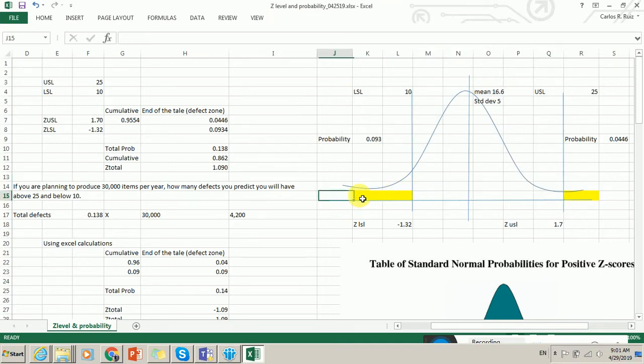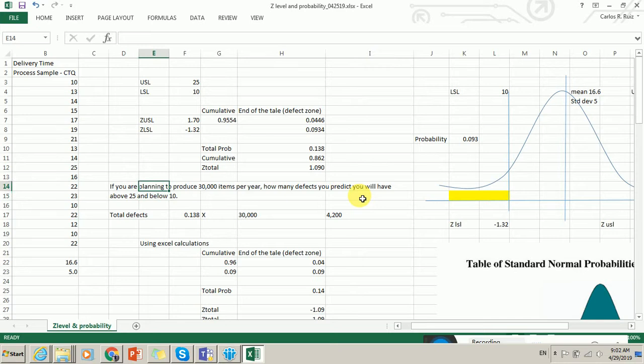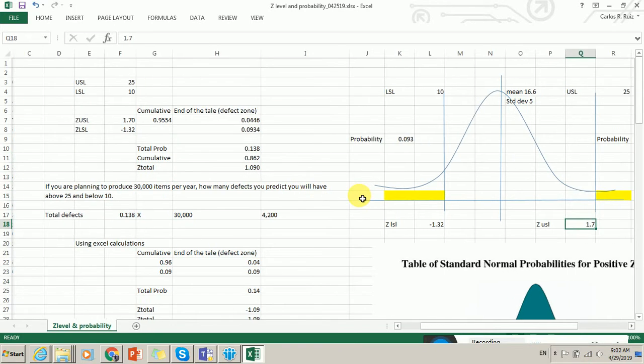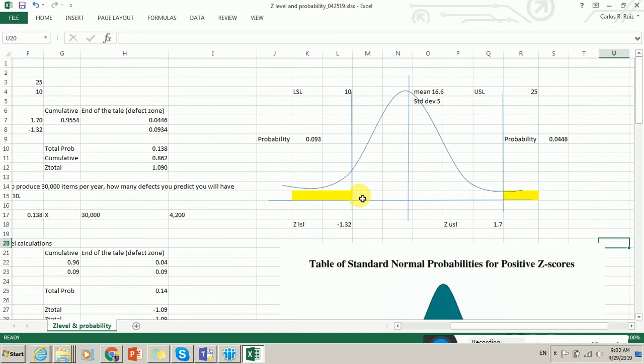Okay, let's go back to here. We have 1.7. Now what? We want to know the probability of defect of a process that has a sigma level, or Z level, of 1.7. To do that, I learned many years ago to use the Z tables, which I have here.